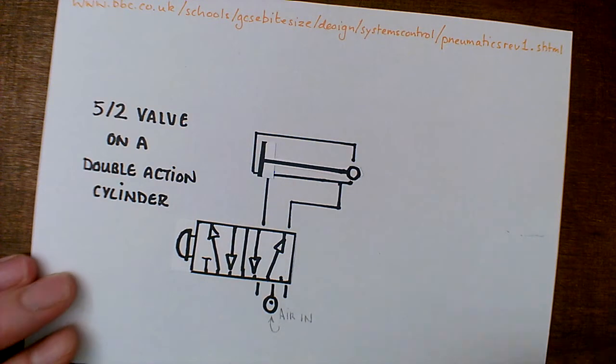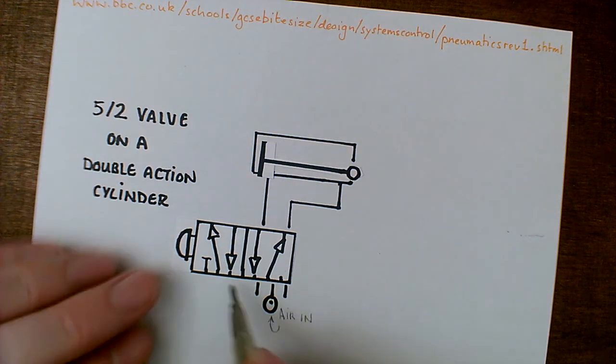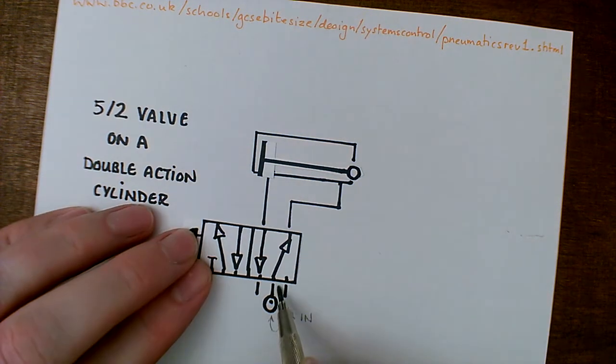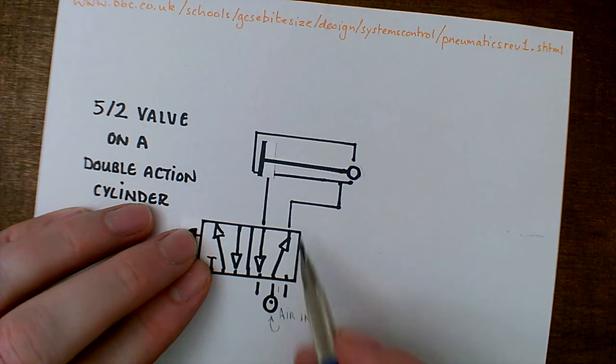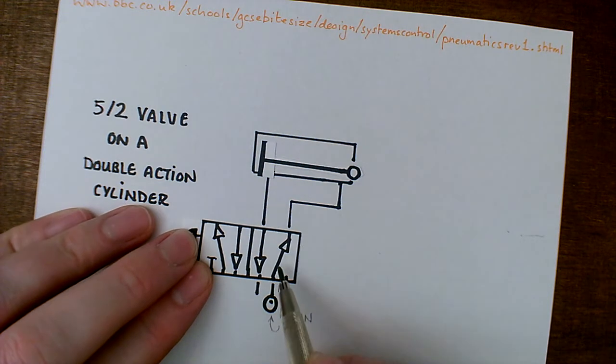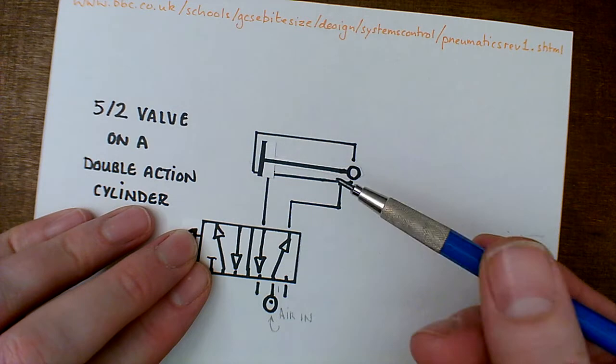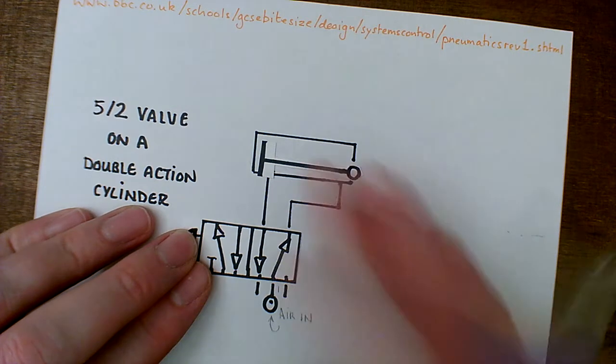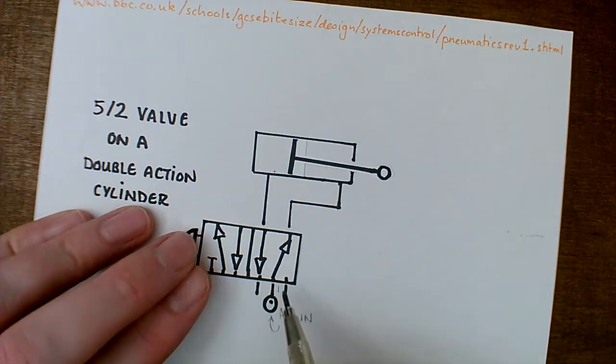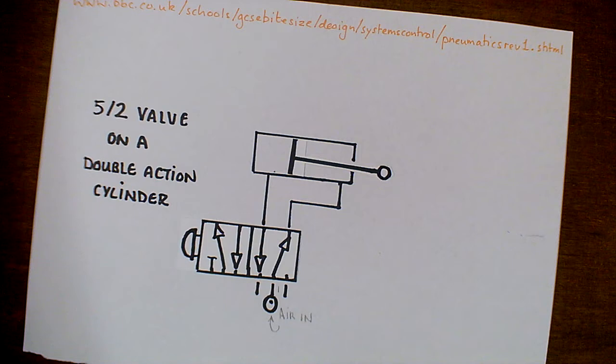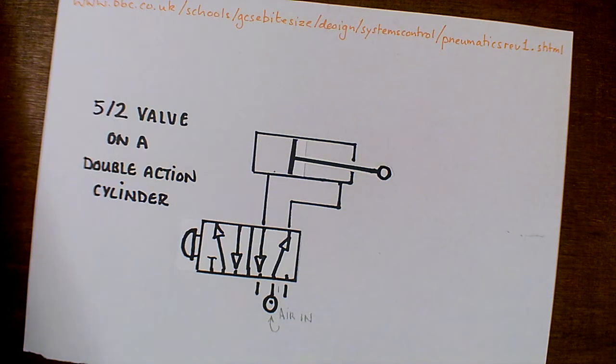So it's a very similar thing. You've got 5 ports, you've got your inlet port, 1, and this is when it's closed state, or it's activated with the in-reach rather than the out-reach port, like so.